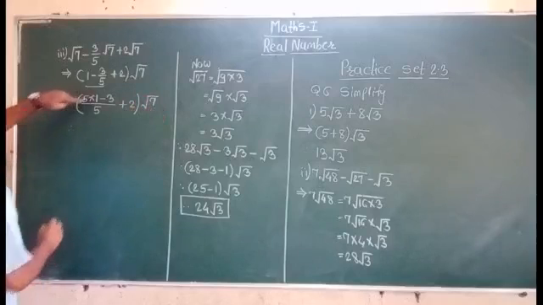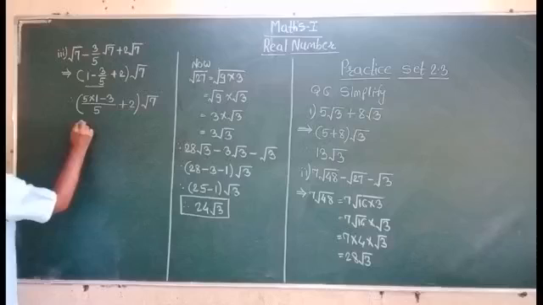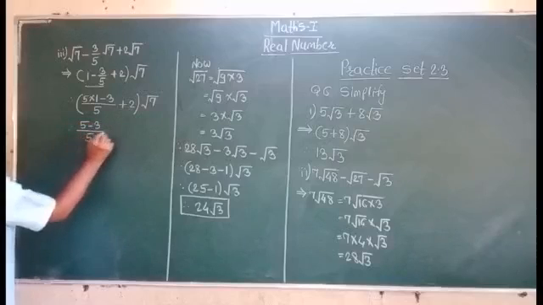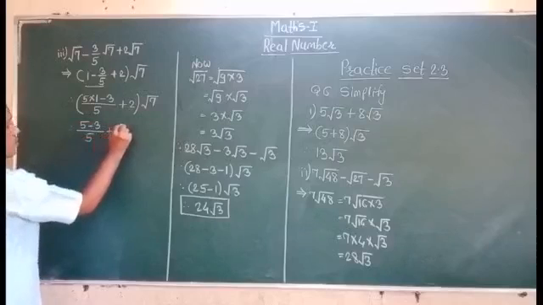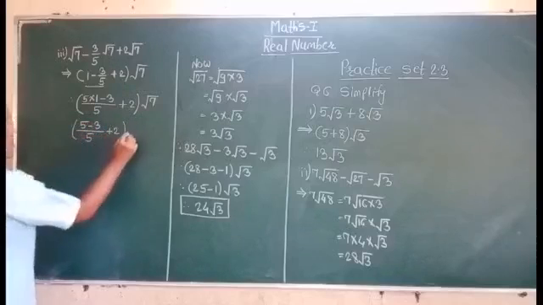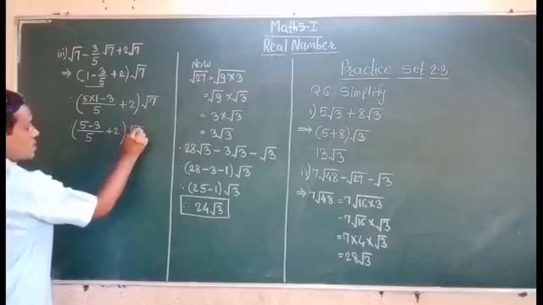Therefore 5 ones are 5, so 5 minus 3 upon 5 plus 2 bracket complete surds 7.